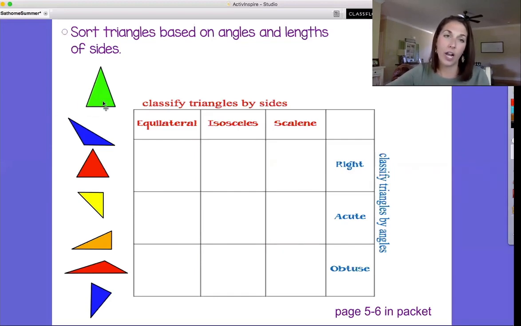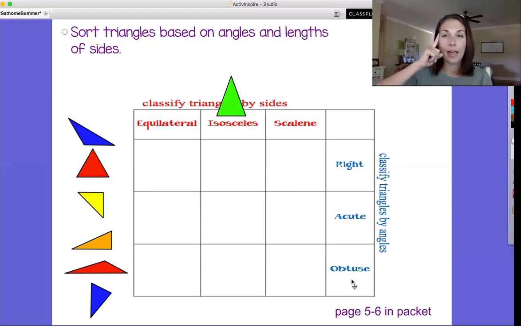Let's look at that green triangle. I see that this green triangle looks to have 2 sides that are the same length and 1 side that is different. Oh, I remember that's called isosceles, if it has 2 sides that are the same length. But I need to know, do I place it here, here, or here? So I am going to decide, is this triangle a right triangle, an acute triangle, or an obtuse triangle?